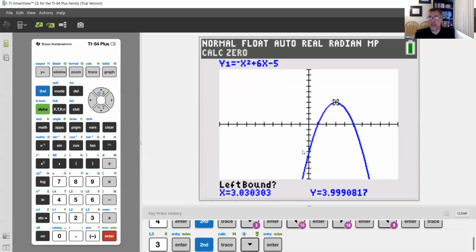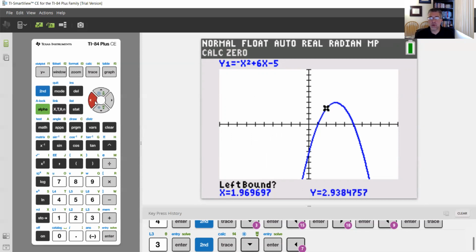And I'm going to do the exact same thing I did last time, which was go to the left of where I think that x-intercept is. I'm going to scroll over to where I think I'm on the left of it and hit enter.